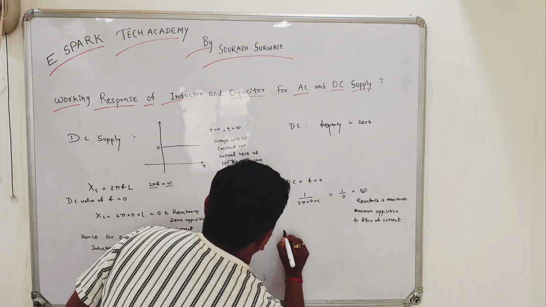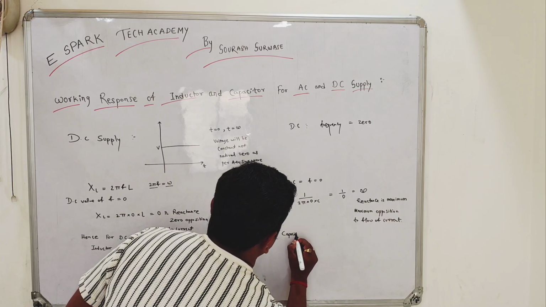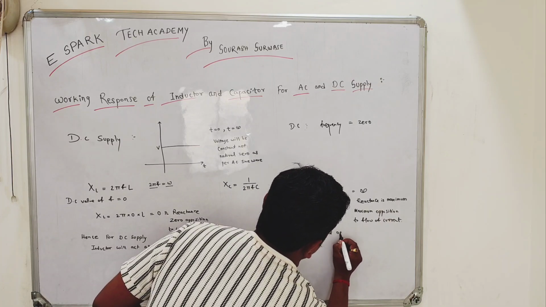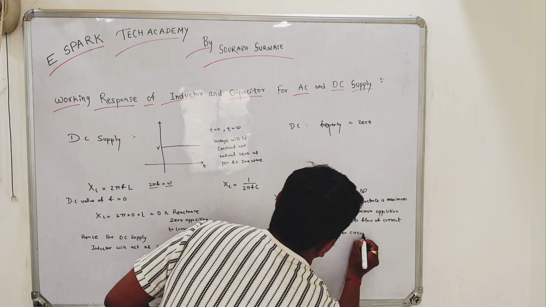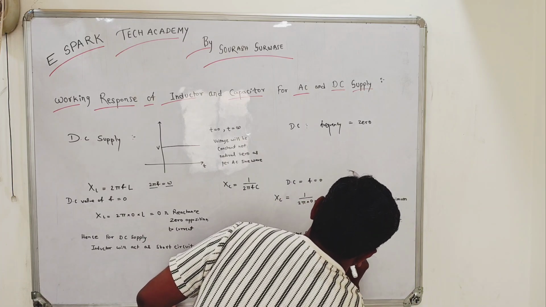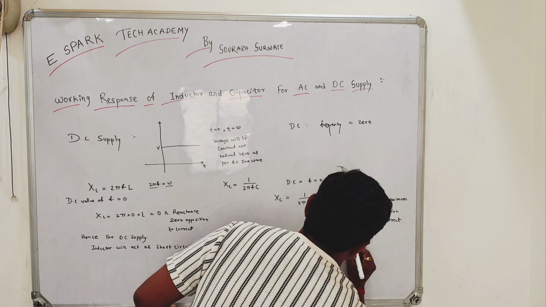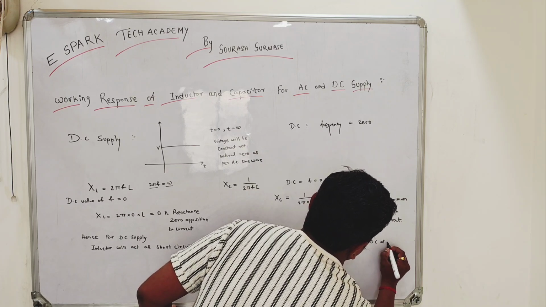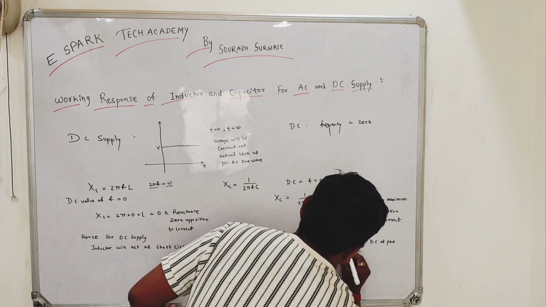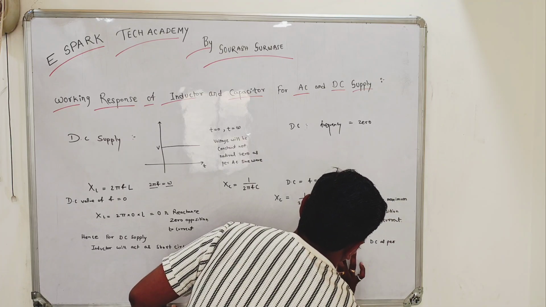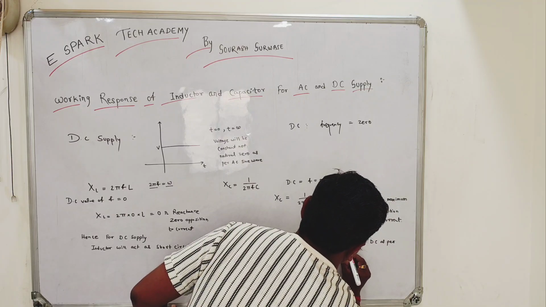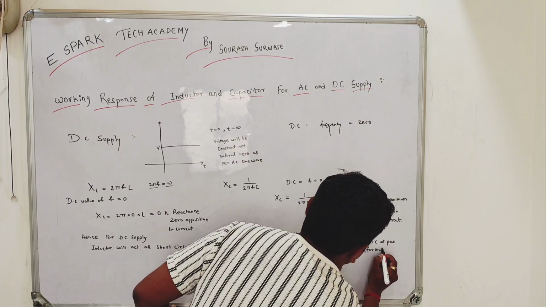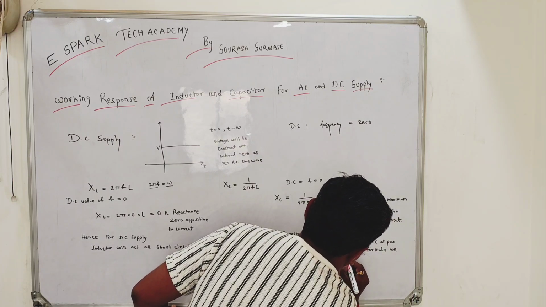Hence, capacitor will act as open circuit, it blocks DC, as per the rule or formula we explained.